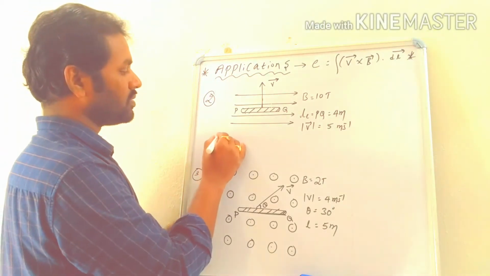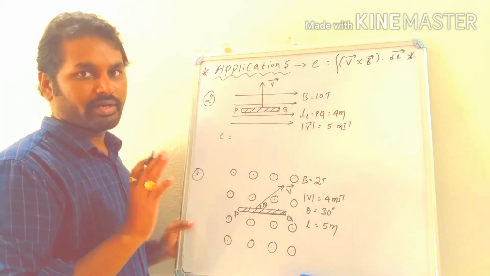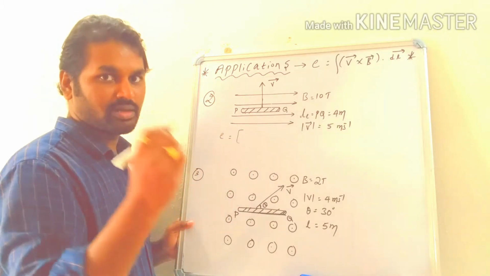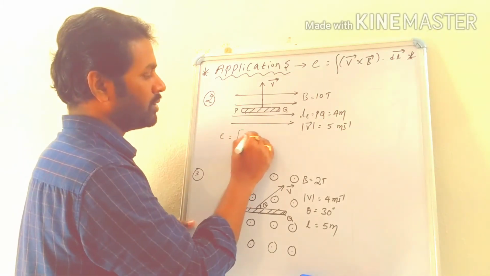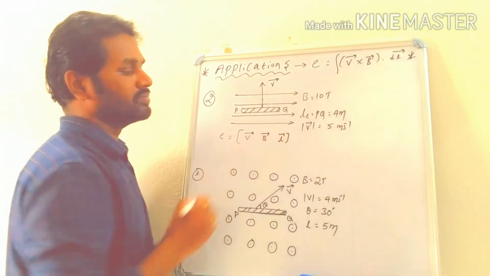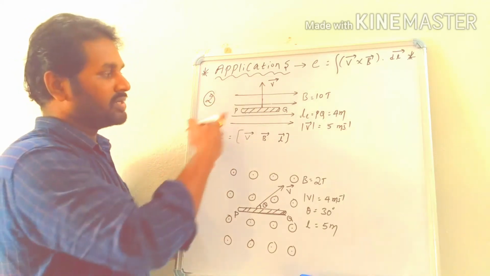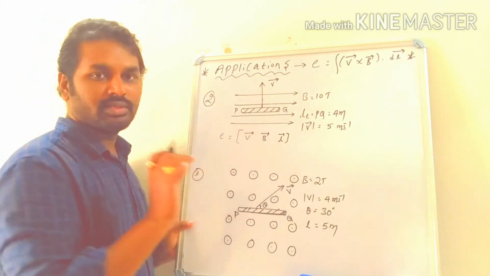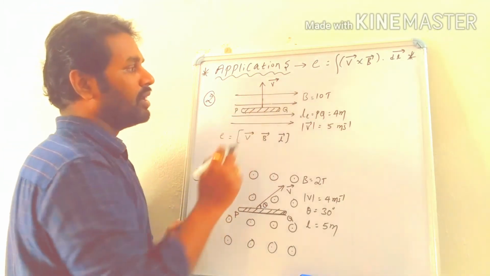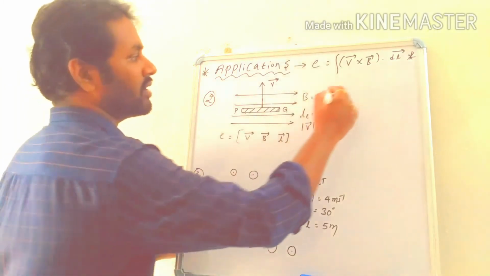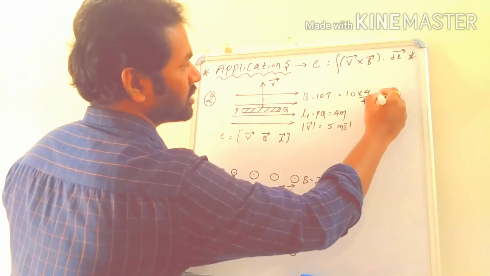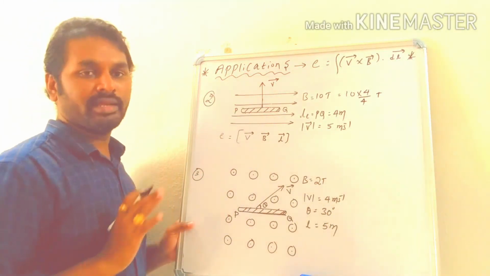For example, as I told, it is a scalar triple product. We can write it as E is equal to box of, we can write in terms of vectors in the box. V bar, first vector, second vector is B bar and the third vector is L bar. So directly we can take L bar because it is a uniform rod. So V, B, L, 3 different vectors. We can express B bar in terms of L bar. For example, if I write this one, 10 into 4 divided by 4 Tesla, because 4 and 4 get cancelled, you will get again 10.